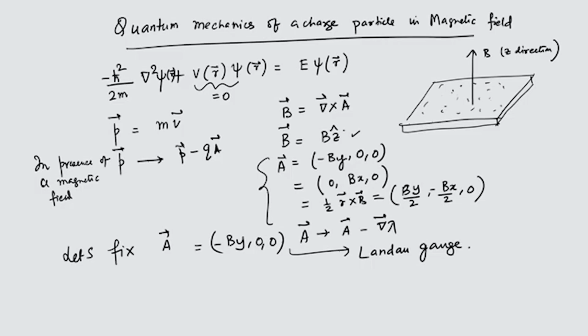Okay. So we do this and then put this in the Schrodinger equation, and now make sure that your Q is nothing but minus E, because we are talking about electrons specifically.